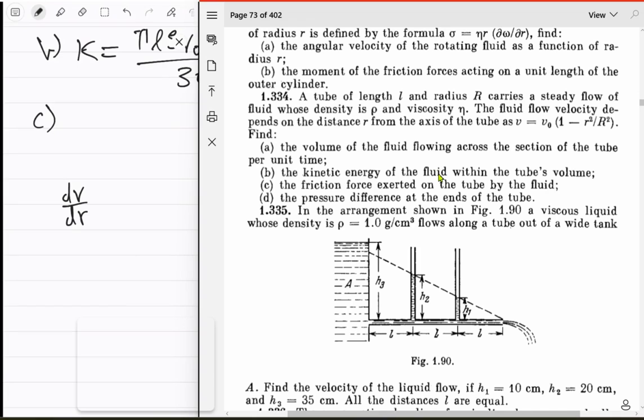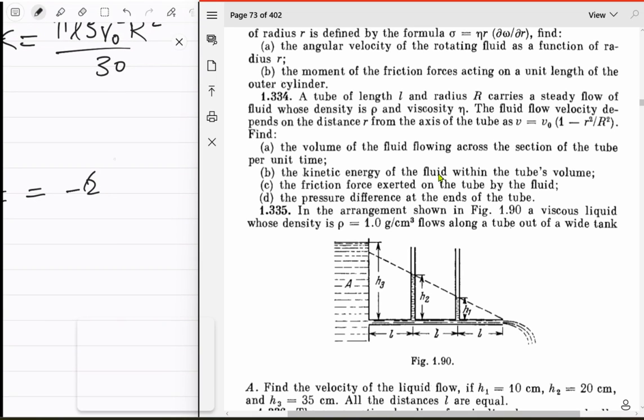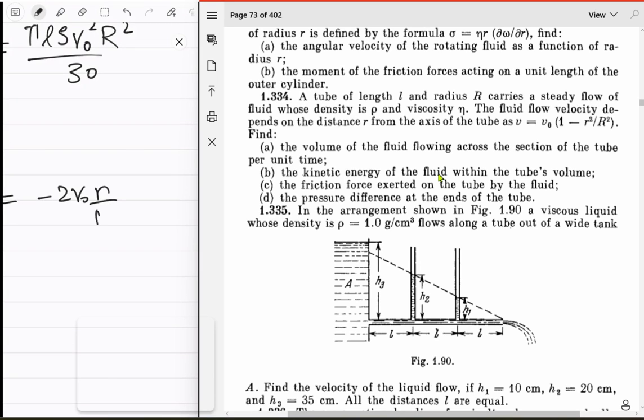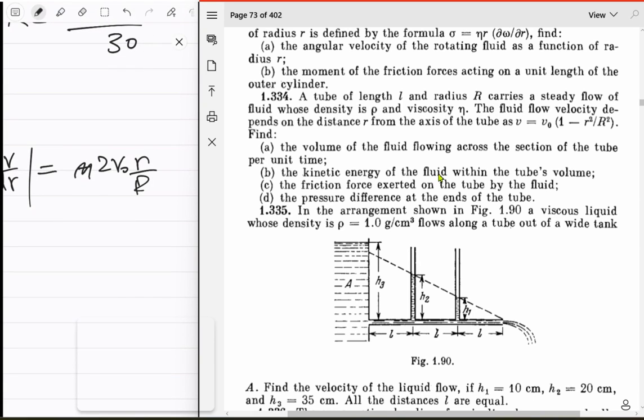Yes, that is equal to negative 2 v naught r upon R squared. We don't care about the sign actually, we just care about magnitude. So yeah, that's our gradient, 2 v naught r upon R squared.